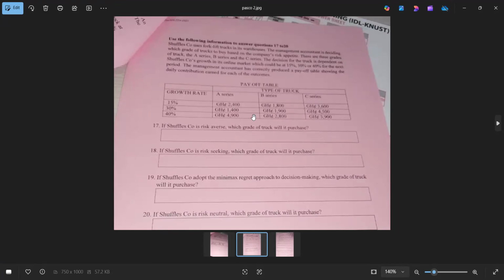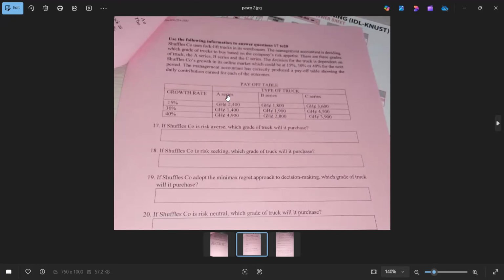Okay. Now, we are just done with 3 out of the 4 or 5 questions that have been presented. The next one says that if Shuffle Co is risk neutral, which grade of track will it purchase? Now, this is what you should know. We should have been given probability to multiply by each of these ones and add them up. But unfortunately, or fortunately, we are lucky.